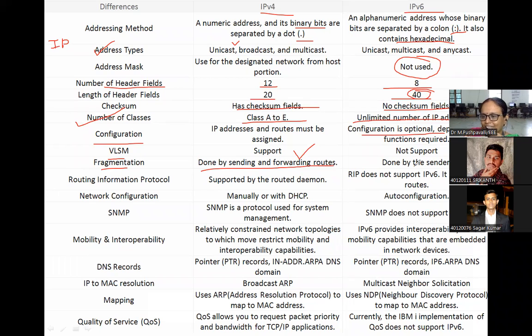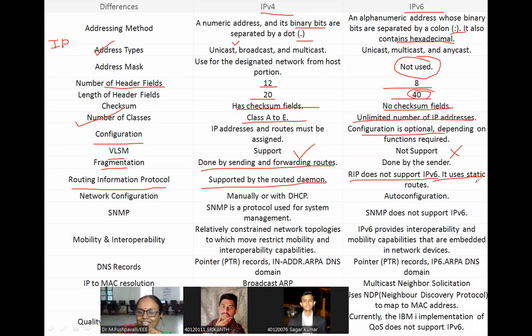Fragmentation, I told you, is done by sending and forwarding routers in IPv4; here it is done by the sender. That's it. That's why I told you in the IPv6 header we are saying that rearranging the packet is there, but fragmentation is not supported in IPv6. Routing Information Protocol, you all know, is supported by the router daemon, and here RIP is not supported in IPv6.